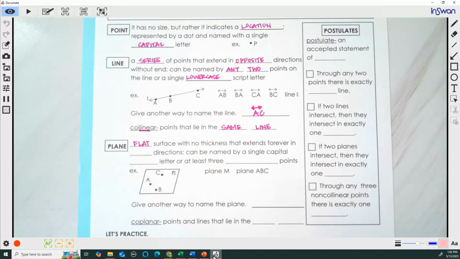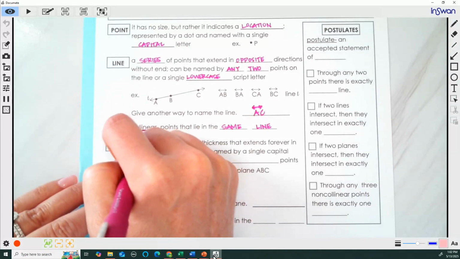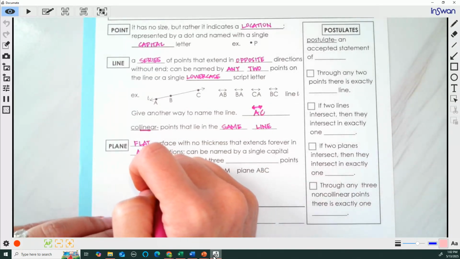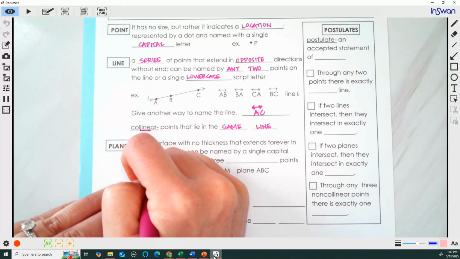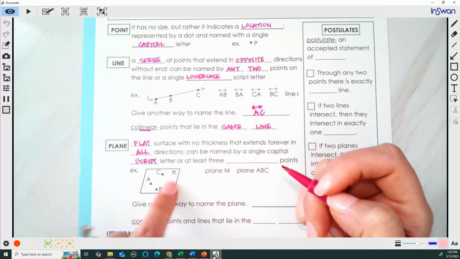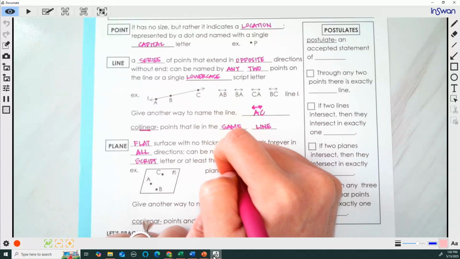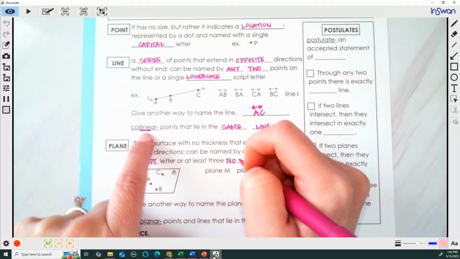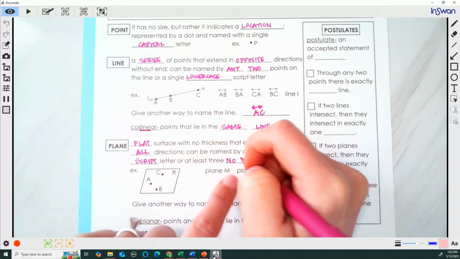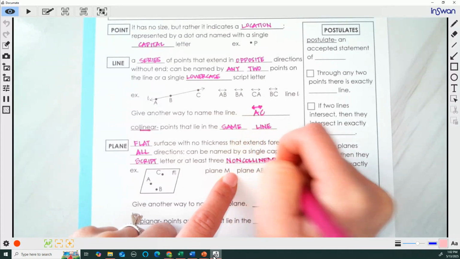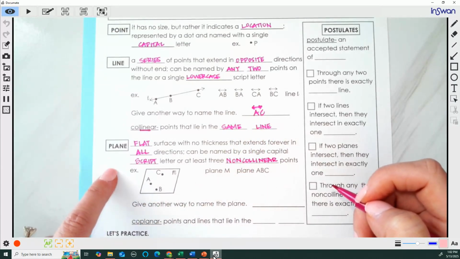It's a flat surface with no thickness that extends forever in all directions, and it can be named with a single capital script letter, or if you don't have that capital script letter, it can be named with at least 3 non-collinear points. So here's a way that we're going to use this word: we need non-collinear points to name a plane.